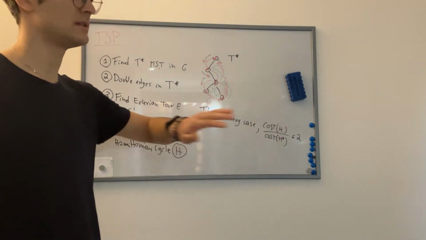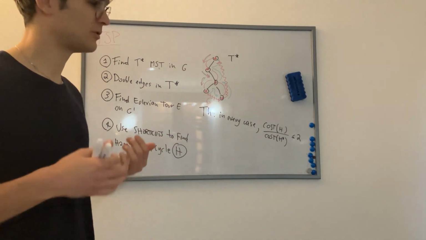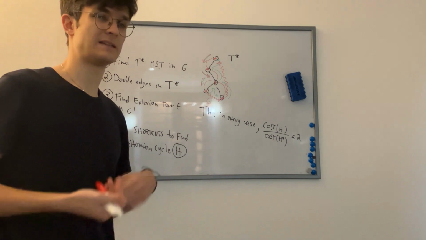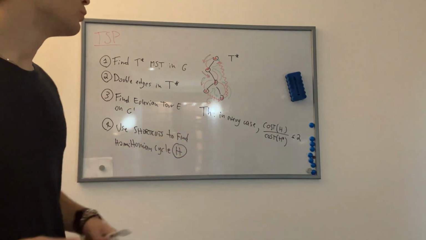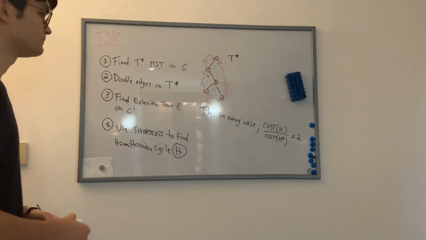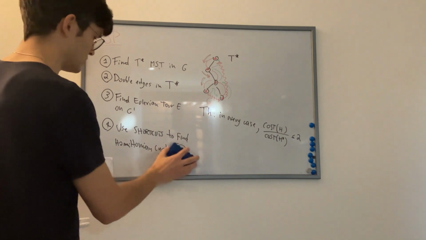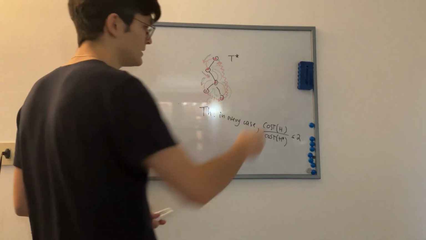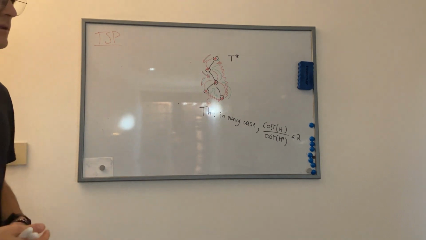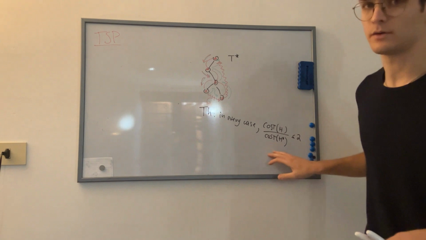So in the worst case, it's a maximum of 2. So we find in the worst case a tour that is twice as long as the optimal one. This is something that we're going to prove now. Let's do the proof. And this is why this algorithm is usually called a two approximation algorithm, because of this theorem.